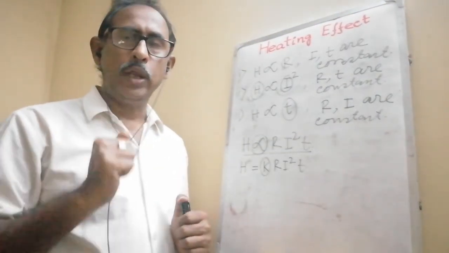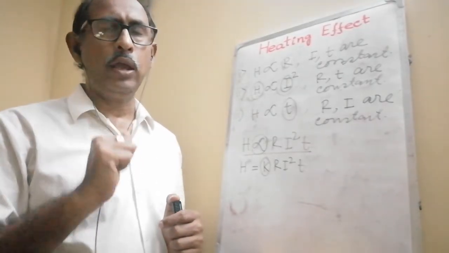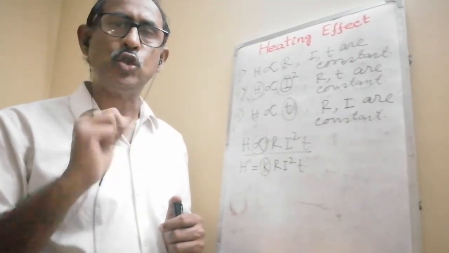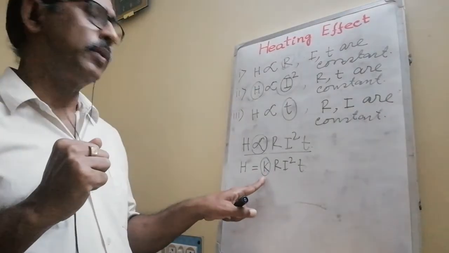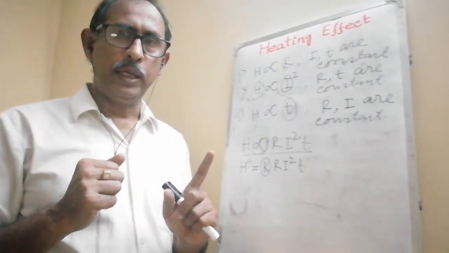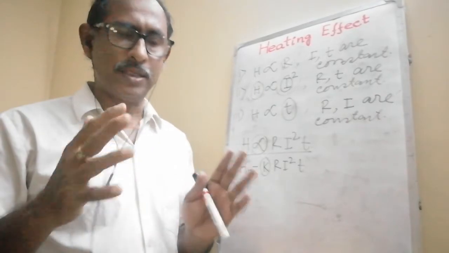The value of K depends on the unit of heat. Heat has 2 units. In CGS unit it is calorie, and in SI unit it is joule. Also, the value of K depends on the medium in which the experiment is done.